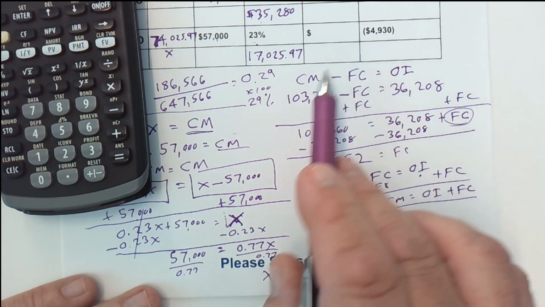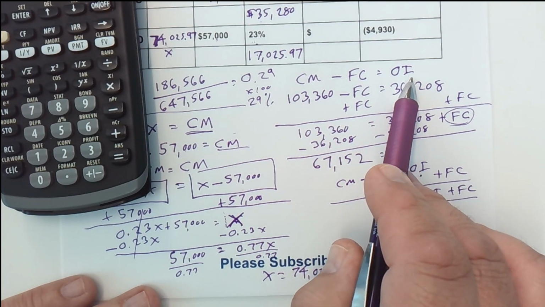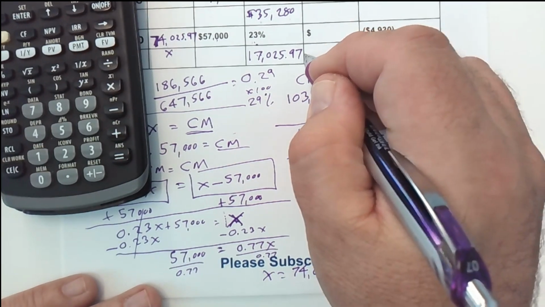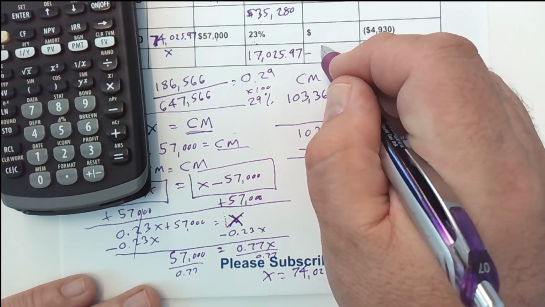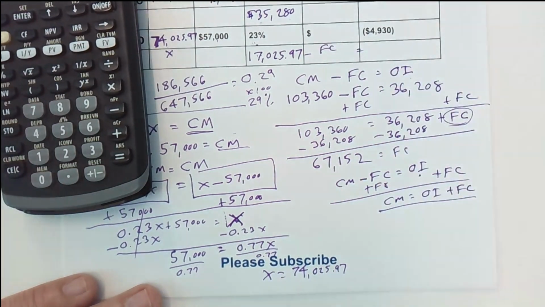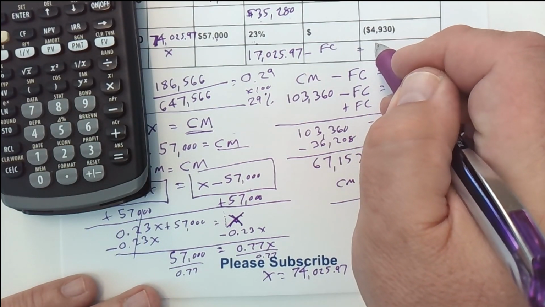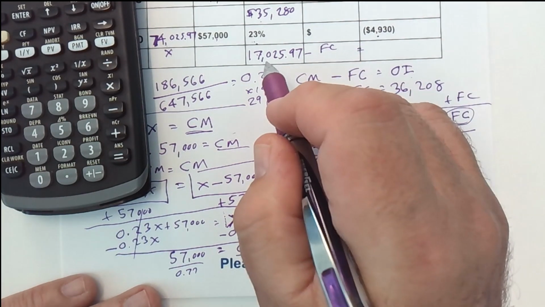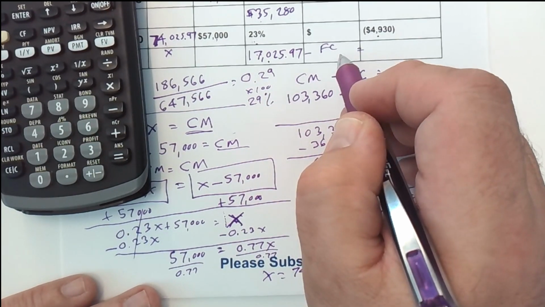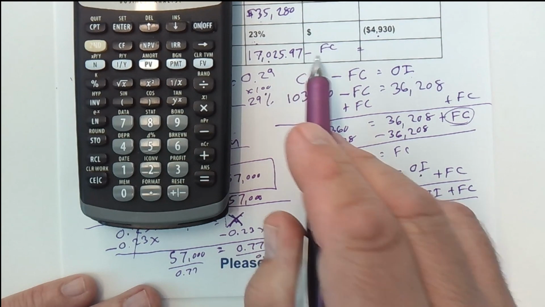Let's look at our formula again. Our contribution margin minus the fixed cost is equal to the operating income. So if I subtract out this, I don't know what this is. This is our fixed cost, equals this number here. To find it, all I need to do is add this number to that number to get our fixed costs. So I've got the $17,025.97.